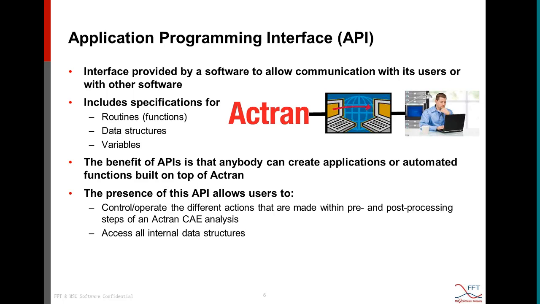Now, in practice, for Actran users, the usage of an API could allow them to control and operate different actions that they could otherwise perform manually within the Actran VI or PLTViewer or Waterfall Viewer. And the API could also allow the users to access internal data structure easily, which is an advanced usage. And this usage is mainly to facilitate the automation of post-processing steps.